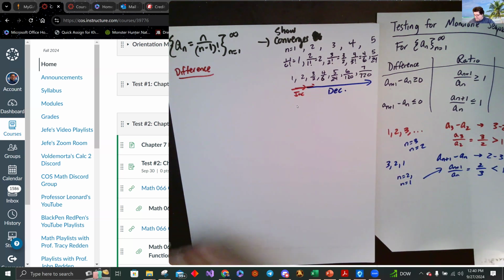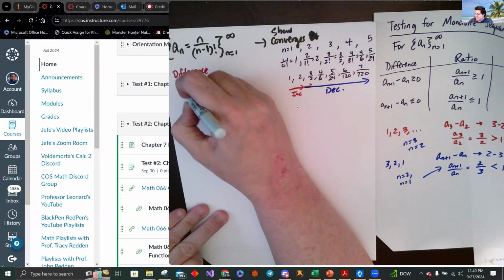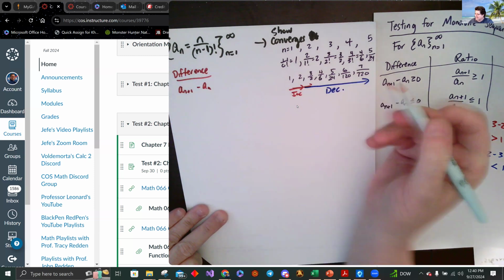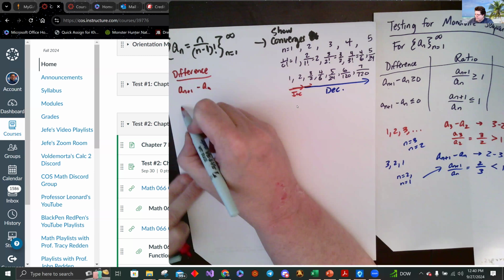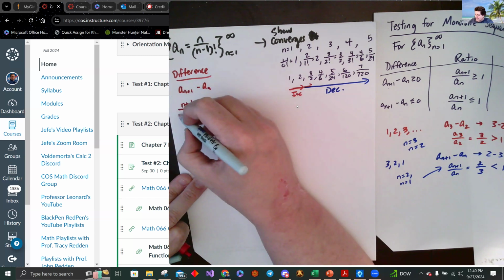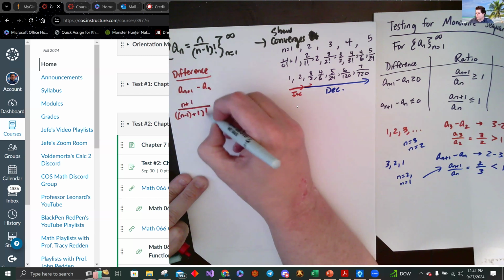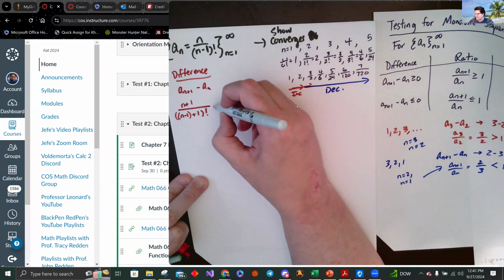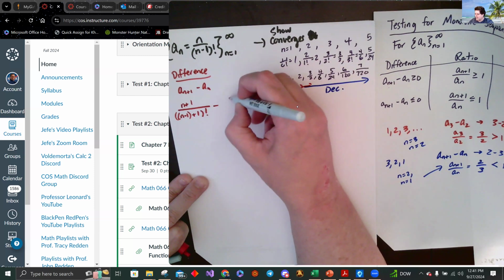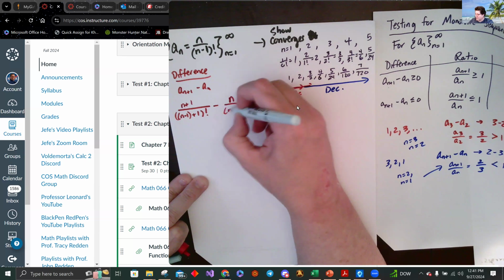But let's not do the whole monotone principle. Let's use some of the rules we know. Let's do the difference thing and the other one. So a sub n plus 1 minus a sub n. Let's take a look at that. We're looking at n plus 1 over n minus 1 plus 1 factorial. That's my a sub n plus 1, minus a sub n, which is just n over n minus 1 factorial.